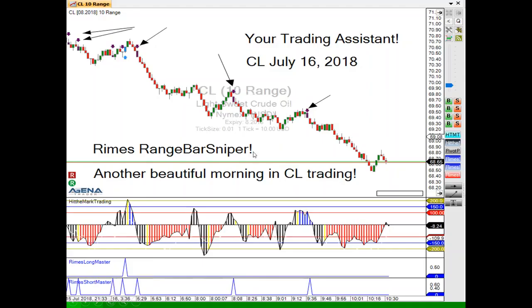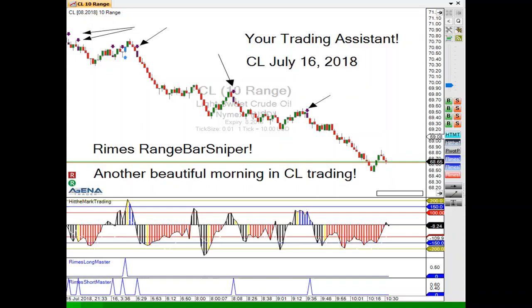That's the question. Now, this is a chart of CL today. I'm showing some of this for European and Asian trading hours because the markets never sleep. And notice where I have the arrows. These are your sell signals.